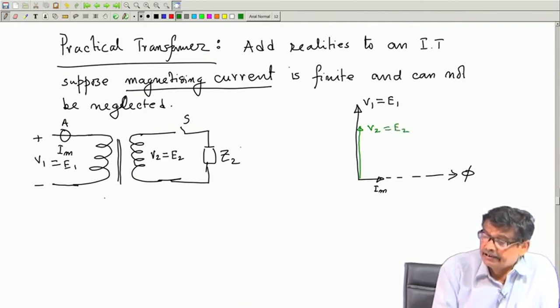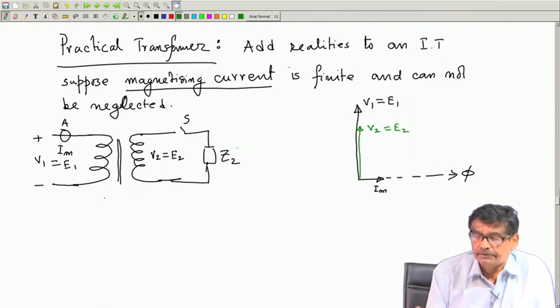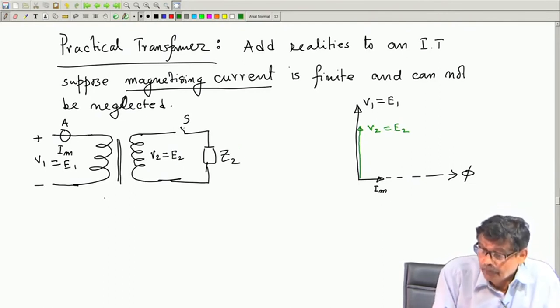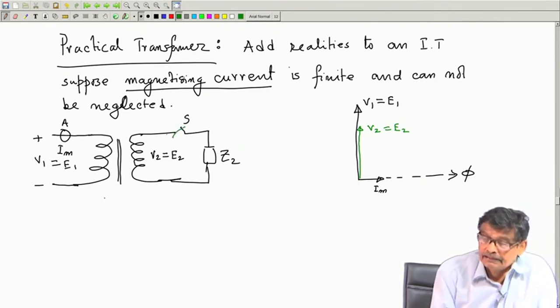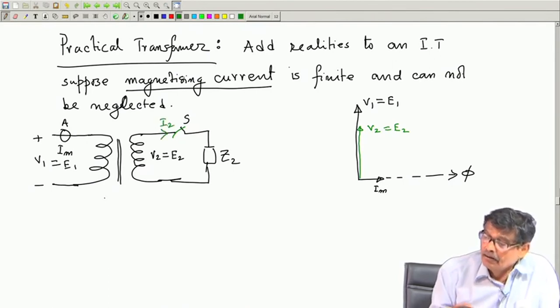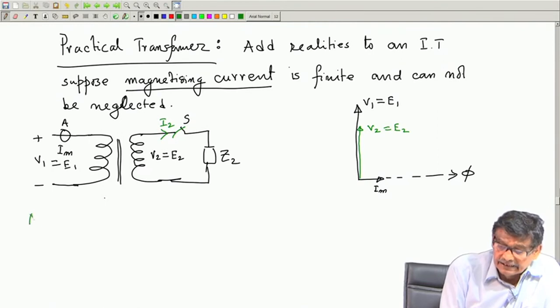What is the secondary current? With S open, nothing, I 2. What is the reflected current? Nothing. But what I am telling, the moment you close it, there will be a secondary current I 2. What was the MMF acting in the circuit before S was closed?